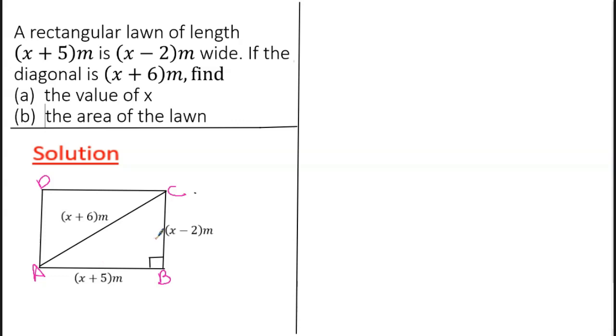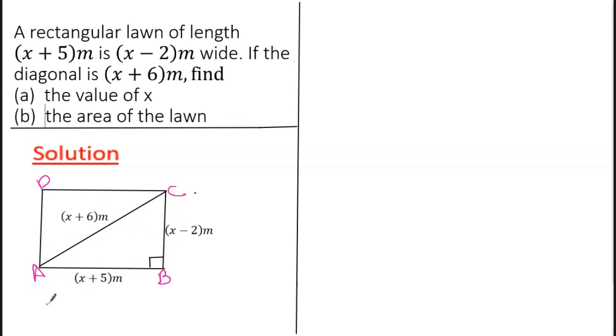Each half is a triangle. Now what we have here is a right angle triangle. For triangle ABC, we know all the sides. We know this side, we know this side, and then we know the diagonal.